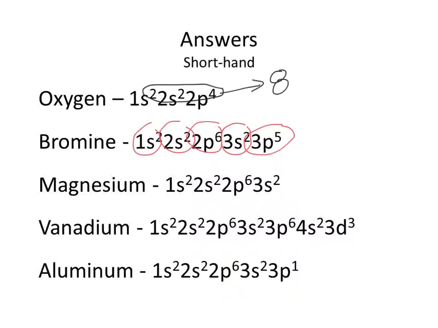If you add them up, 2, 2, 6, 2, and 5, that equals 17, and you get the correct number of electrons. If you don't get this, go back and review some more. But from now on, you should be able to write this no problem using any of the methods you have learned here today. If you still have questions, you can come find me and I can review with you.